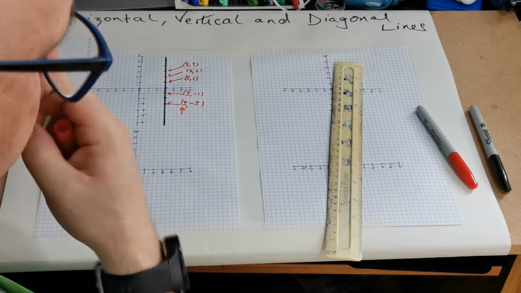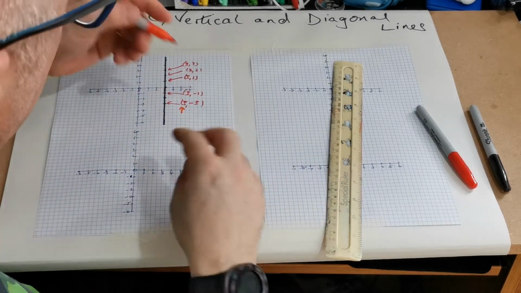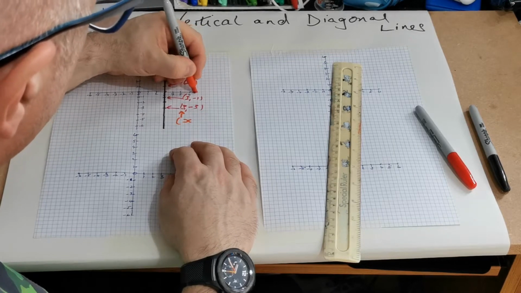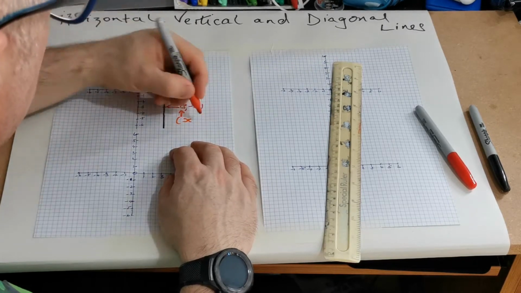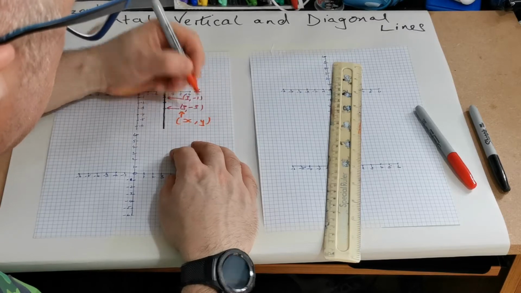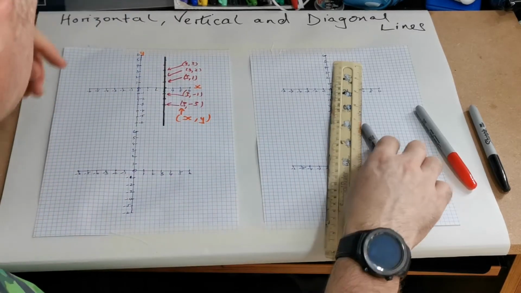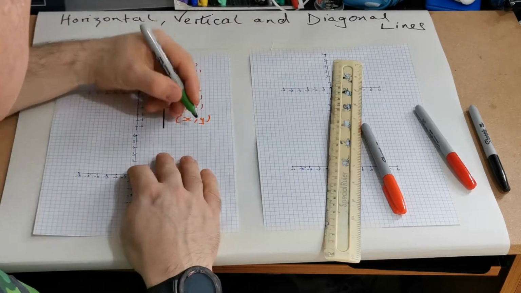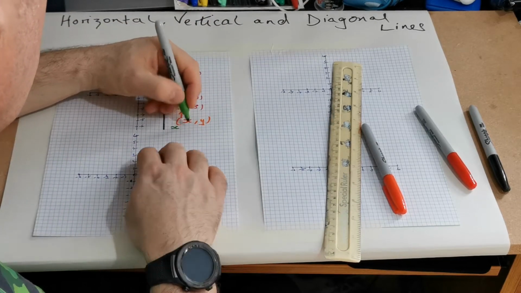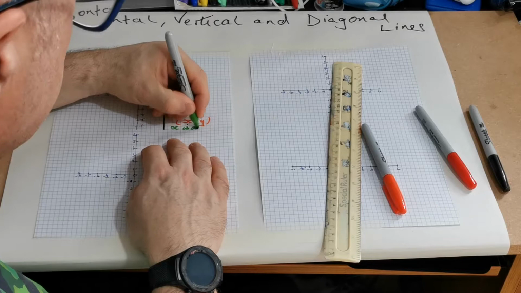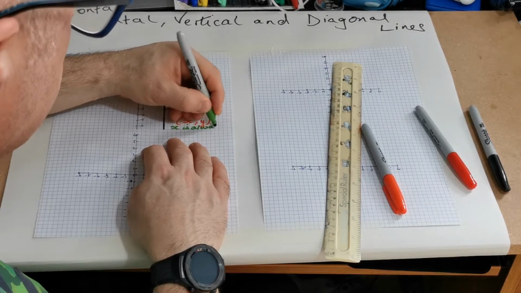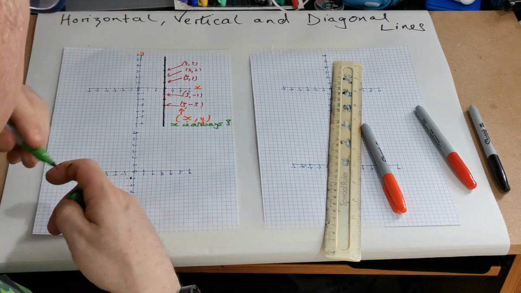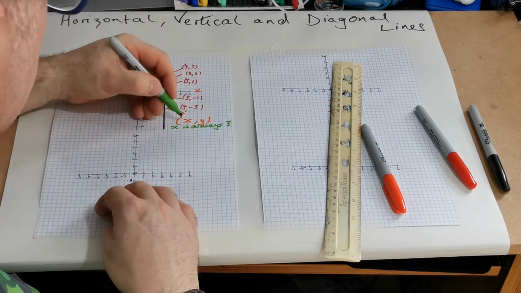So if you thought about some general coordinates, we have the x coordinate coming before the y coordinate, so we've got x and y. I'm saying that the x is always 3. Agreed? So this first one is always 3.